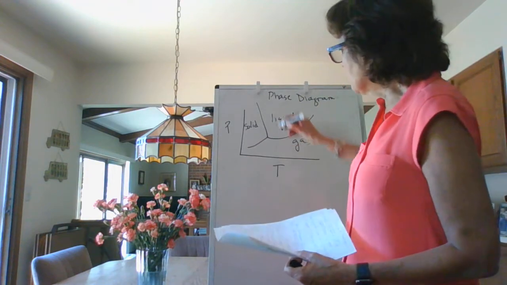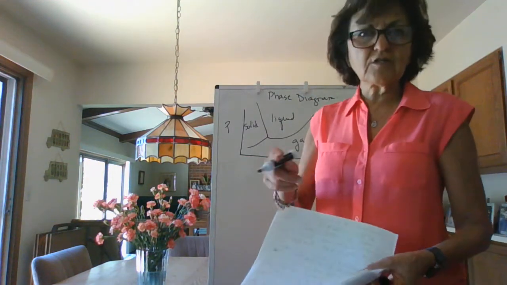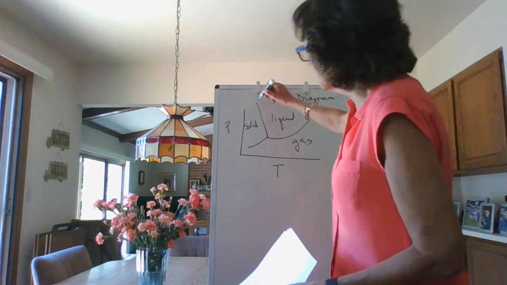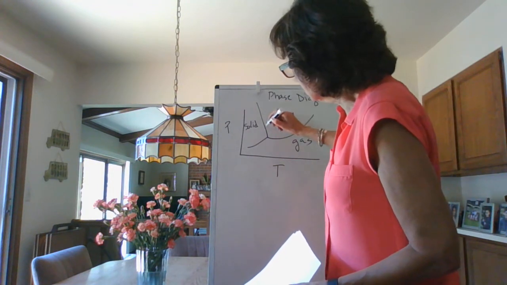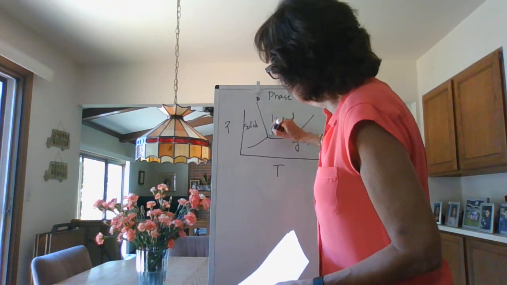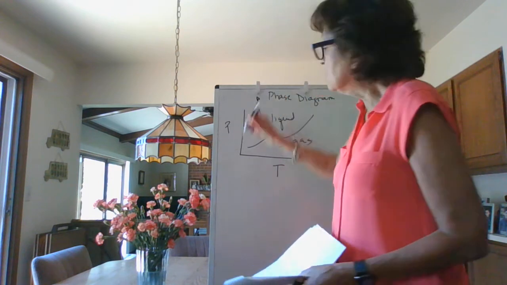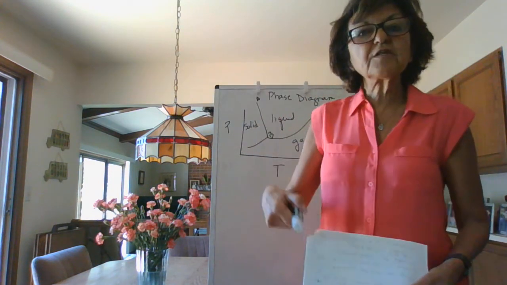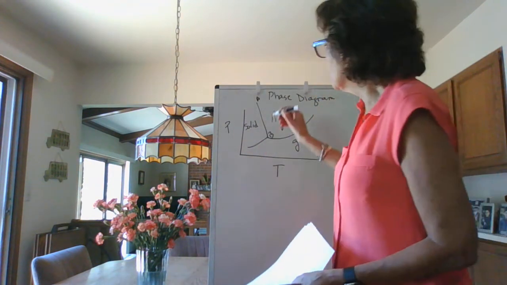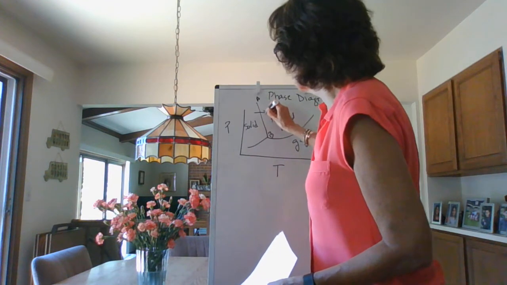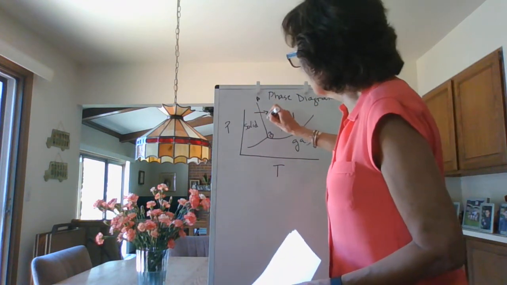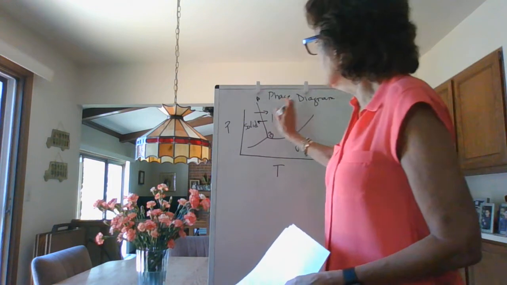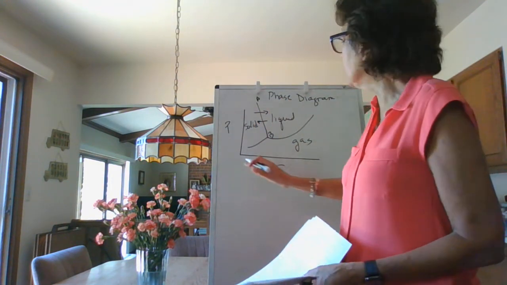There are several things you need to know about this. This line here, let's say AB, represents melting point and freezing point, all right? So if you're going in this direction, you're melting. If you're going in this direction, you're freezing, okay?